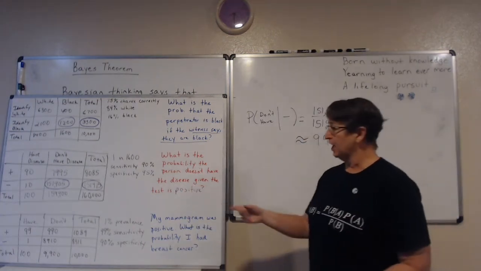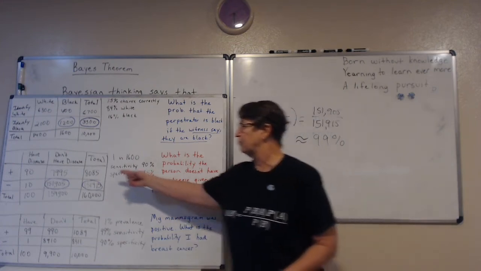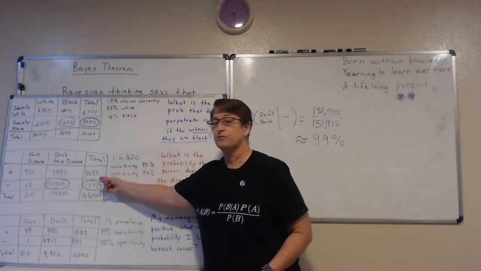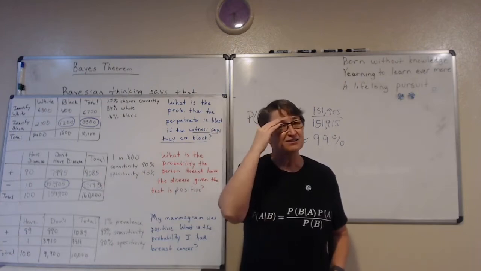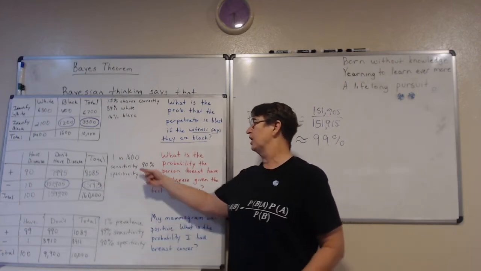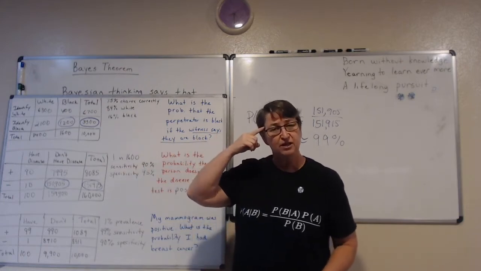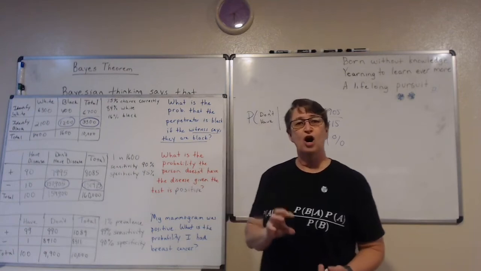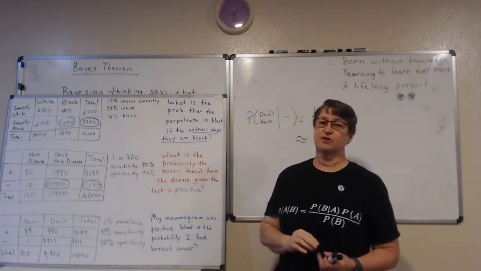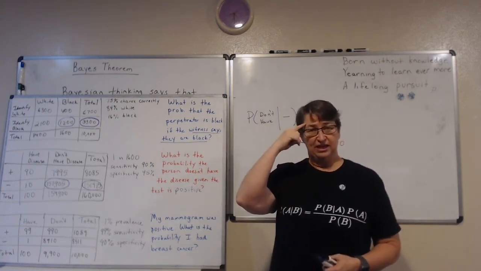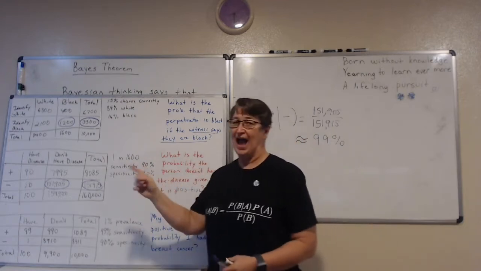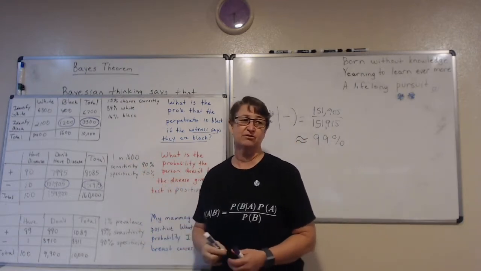Good. My denominator is just going to change to the positive test. And you might instinctively think, well, if the sensitivity is 90%, then 10% of the time you would walk out with a negative. That's kind of what you might be thinking. But let's see in actuality what happens.